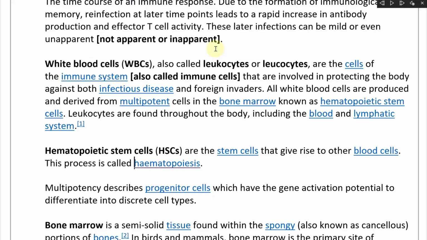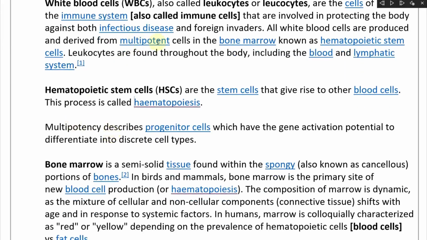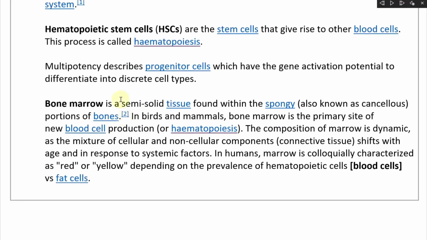Yeah, so they're derived from these multipotent cells known as hematopoietic stem cells that give rise to these other ones. So they're unspecialized, and they specialize into these other blood cell types. And this multipotency describes progenitor cells which have the gene activation potential to differentiate into discrete cell types. Yeah, so it can differentiate itself into specialized cells.